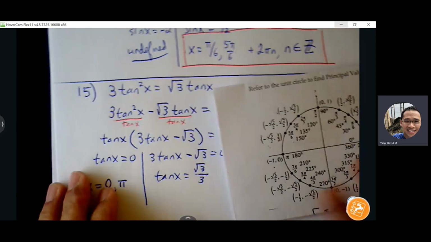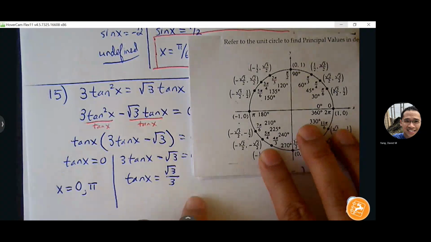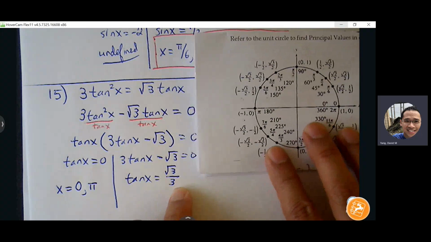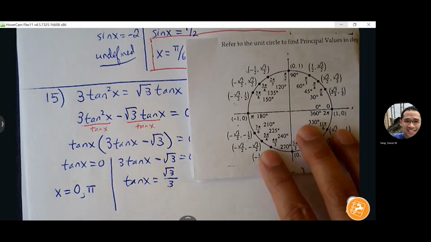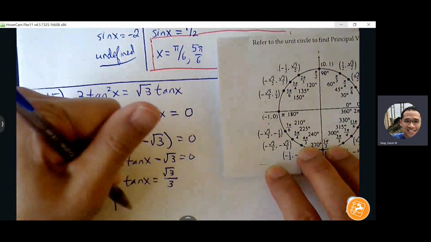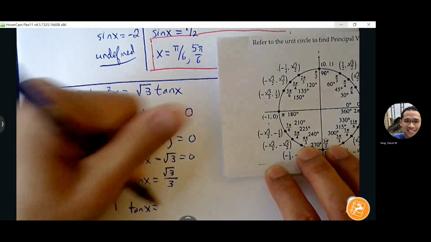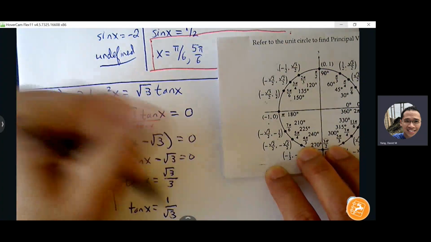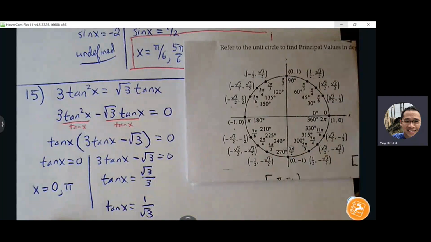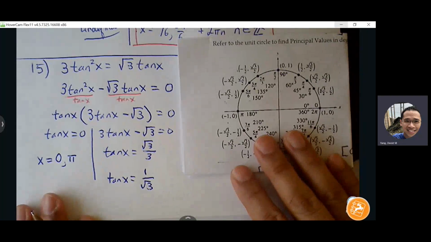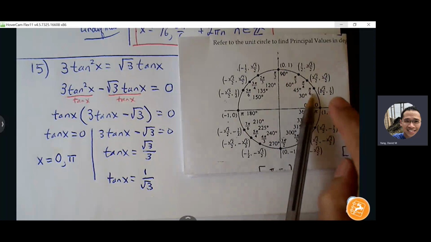Tangent of x equals √3 over 3. What's another way of saying √3 over 3? Yeah, same thing as 1 over √3, right? It makes it easier to find it on the unit circle if it's 1 over √3. We know first and third quadrant for positive, 1 over √3 is y over x.